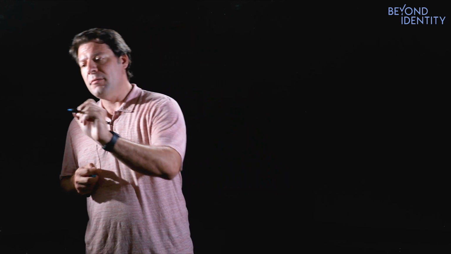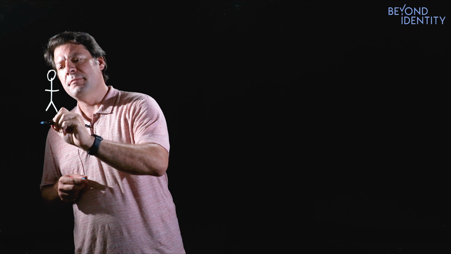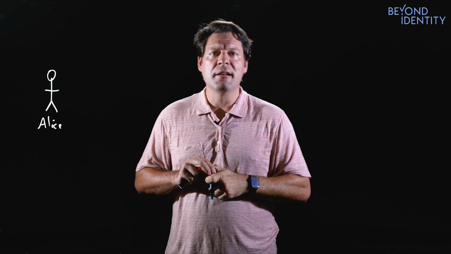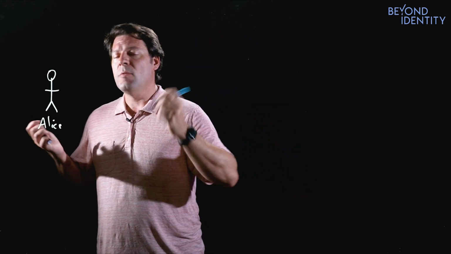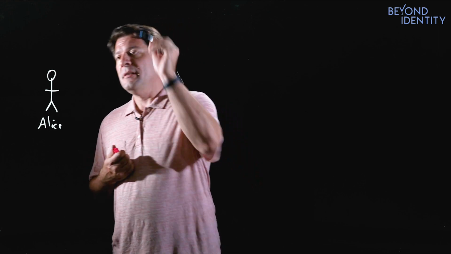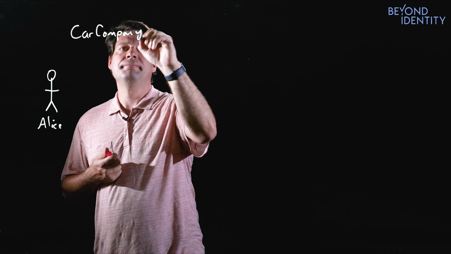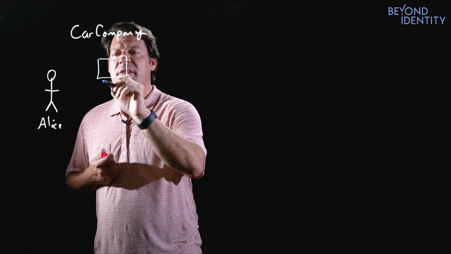To start with, we're going to go back to our primary trustee end user, Alice. But now we're not talking about Alice and her banking needs. We're talking about Alice at work. Alice works at, we'll say, the car company. At the car company, Alice uses a couple of different applications.